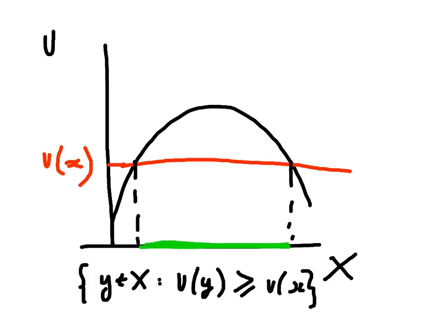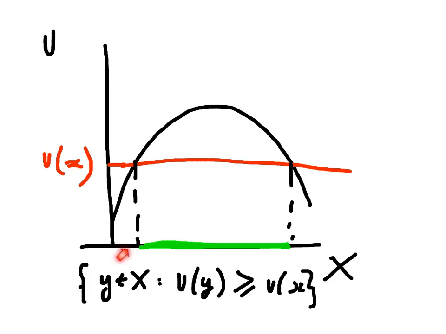And I can check that any bundle in that set, for example this bundle, where is the utility? It's going to be up here. And indeed, the utility is going to be greater than or equal to u of x. For other bundles, for example a bundle here, that is not the case, right?